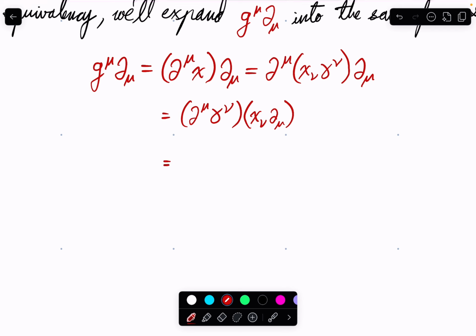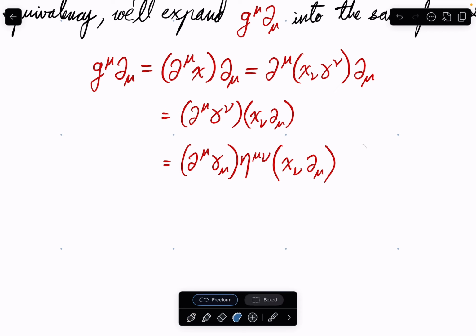And now what we're going to do is swap the index here using the Minkowski metric. So we get partial mu, and then we get gamma mu. And now we have to pull out a Minkowski metric here, because you can see that if we sum over the indices here, then we raise this gamma to have a nu. And then we have x nu partial mu.